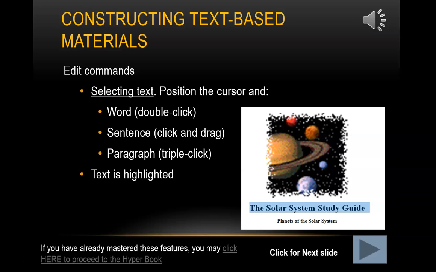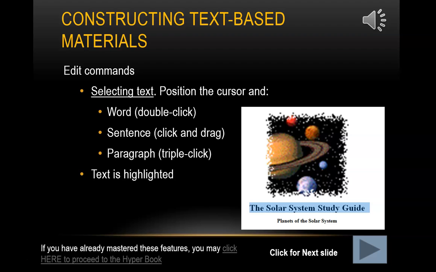If you double click, it will select that word for you. If you're trying to select an entire sentence, go ahead and click on the first word, and then drag your cursor to the last word. That will highlight the entire sentence. And if you want the entire paragraph, you can triple click.